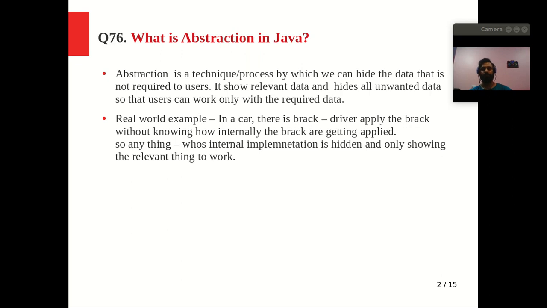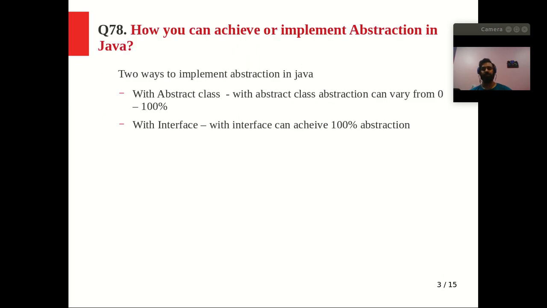Now let's move to the next question: how can you achieve or implement abstraction in Java? There are two ways to achieve abstraction in Java. The first is with the help of an abstract class and the second is with the help of an interface.